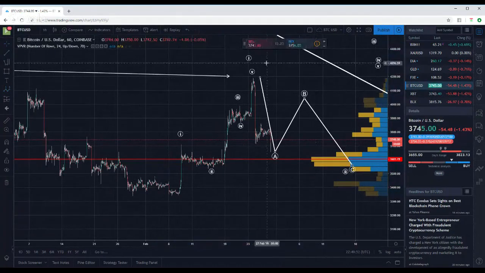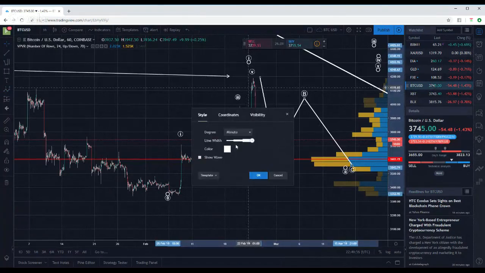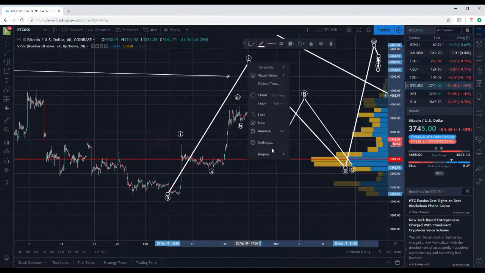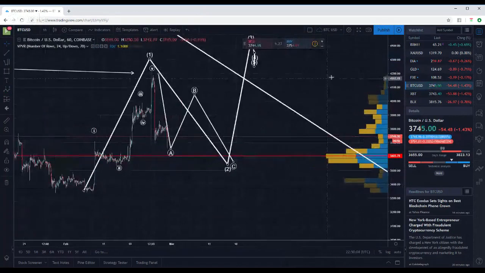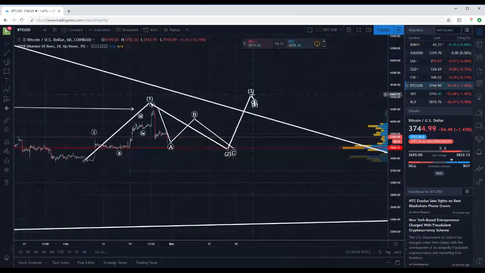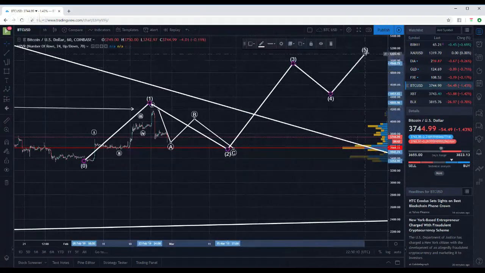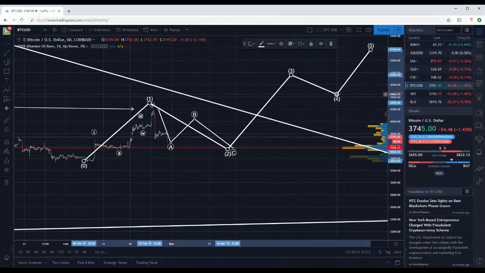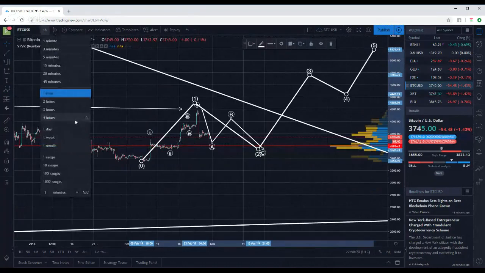I'll actually move that in a second, but I'm going to show the wave, and I want to change the degree here to intermediate. Something like this type of move here, and I'll just quickly change over to the 4-hour.